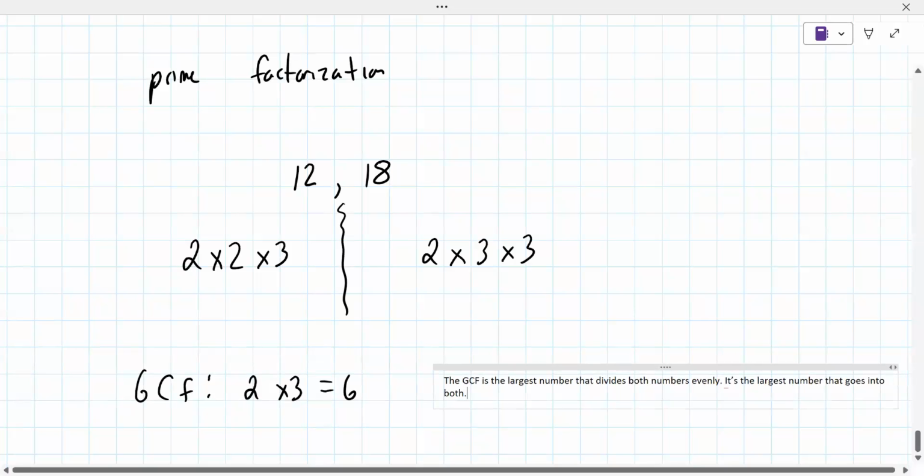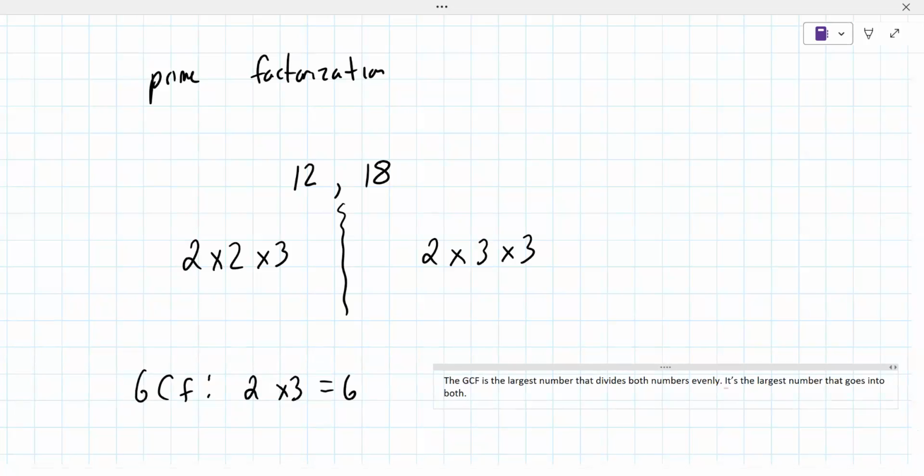Any of those would be good. And the GCF is always smaller than the numbers. It has to be. There's no way unless they're the same number, and you wouldn't do that.